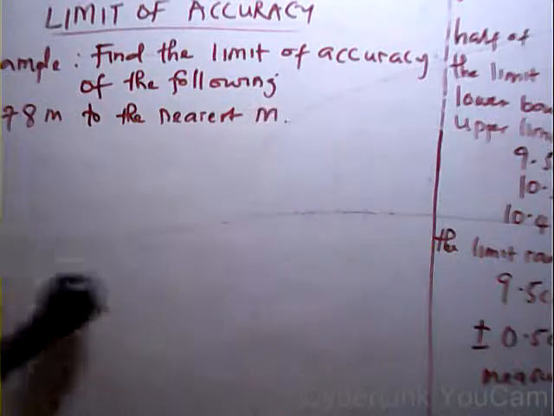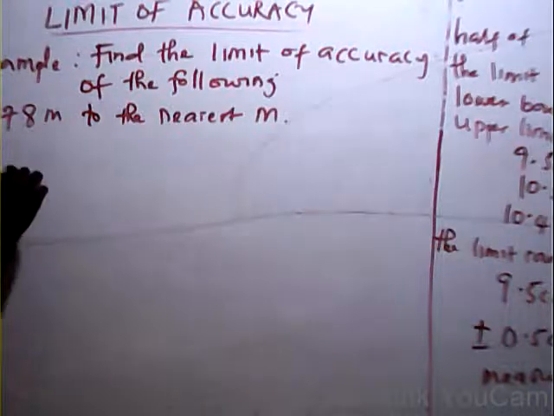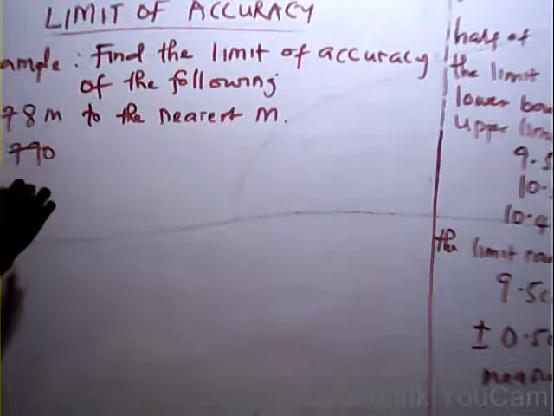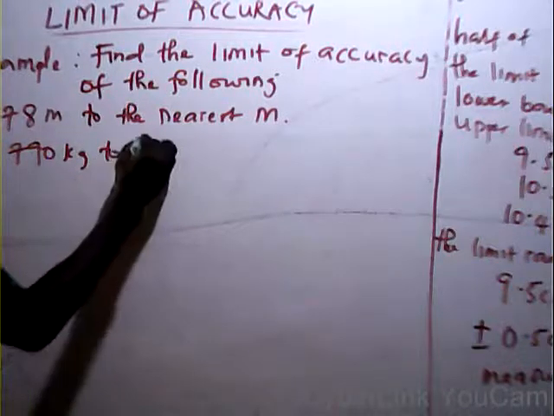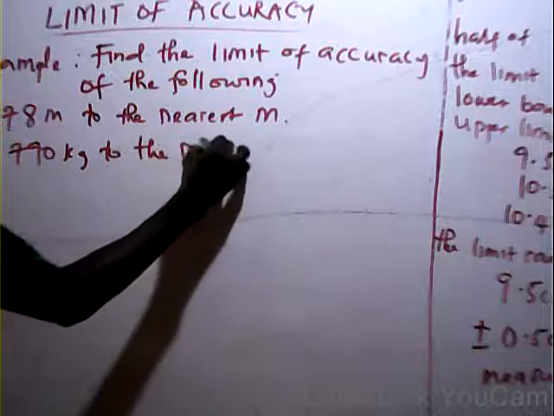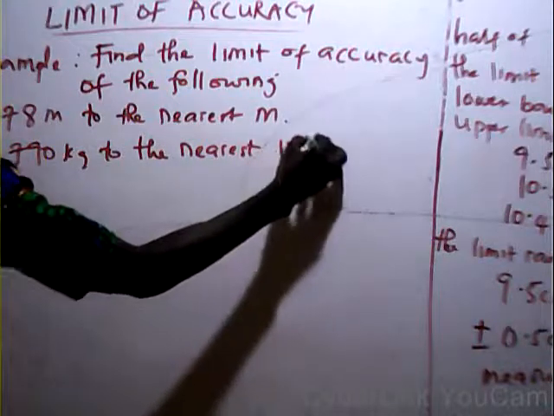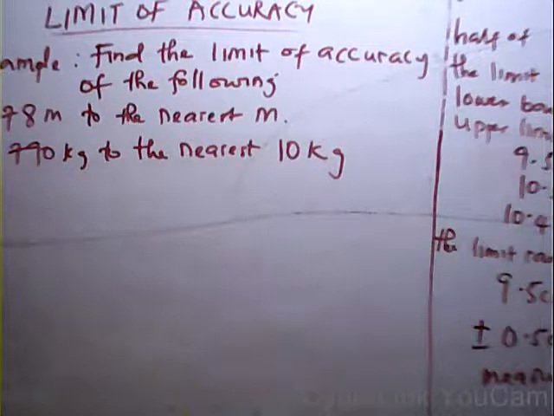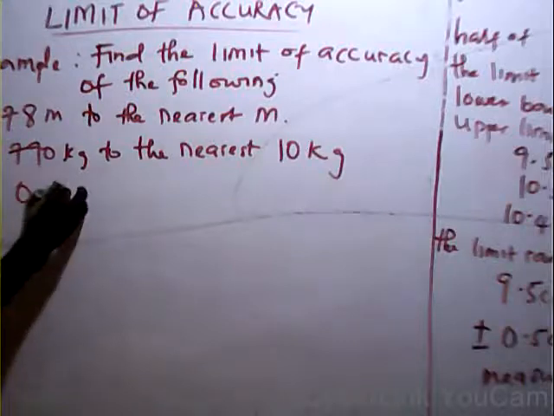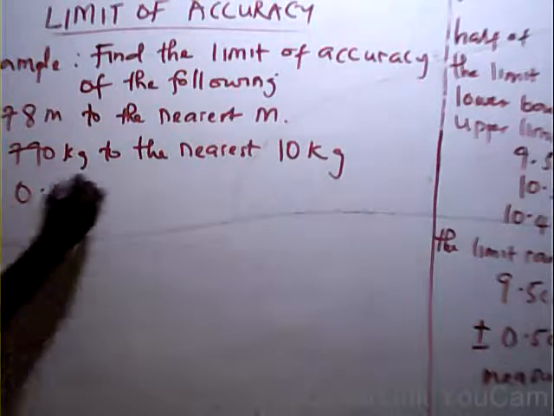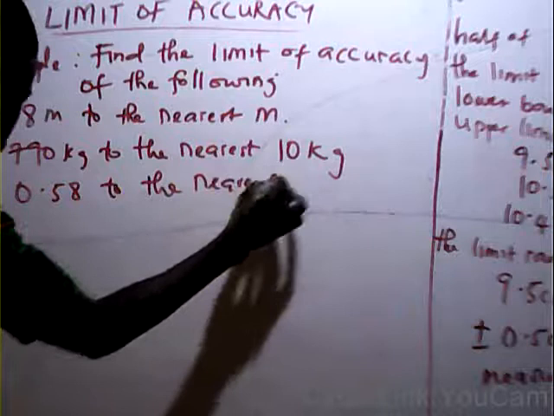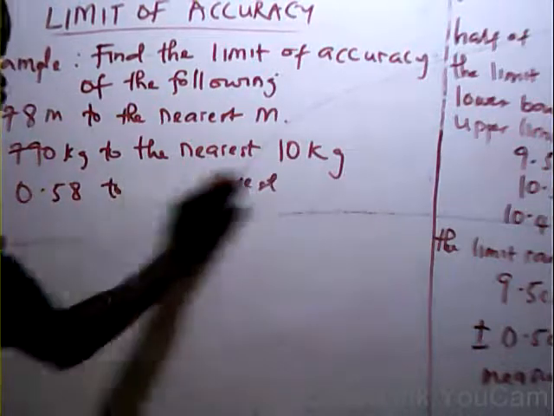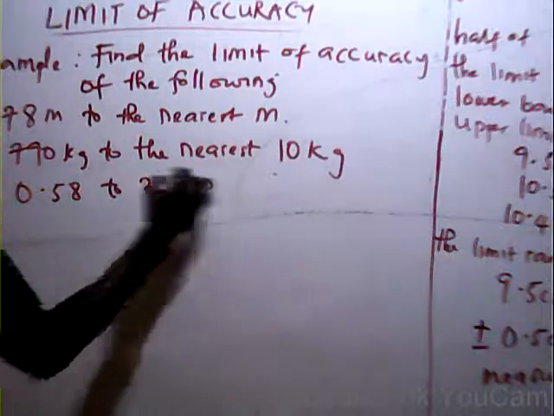B, we have 790 kilogram, to the nearest 10 kilogram. Then C, we have 0.58, to 2 decimal places.